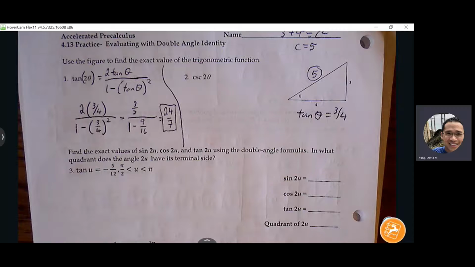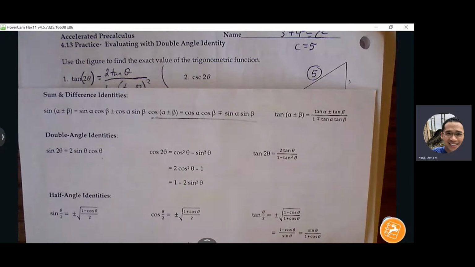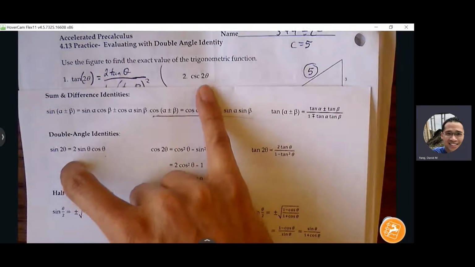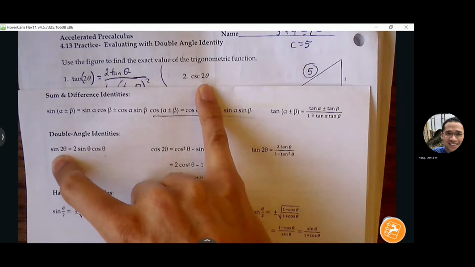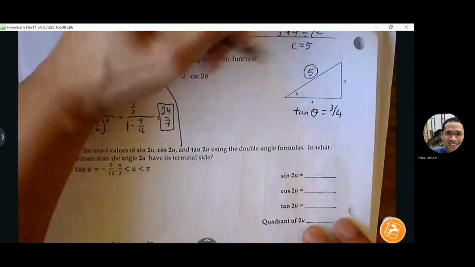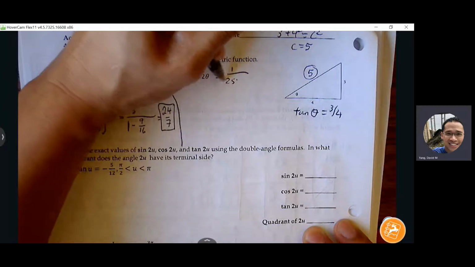Okay, next up, cosecant of 2 theta. We may not have a trig identity for cosecant of 2 theta, but we have something that's related to it. What's that? Yeah. So how can I rewrite cosecant of 2 theta? 1 over sine of 2 theta, okay?